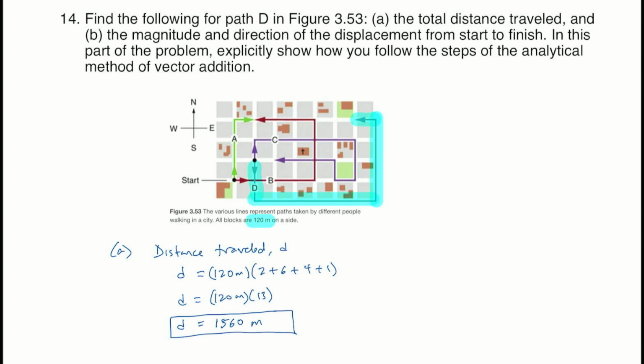Okay, so let me put it in a different color. So we want this distance here. And so that's our x component and that's our y component. That's our right triangle. All right.